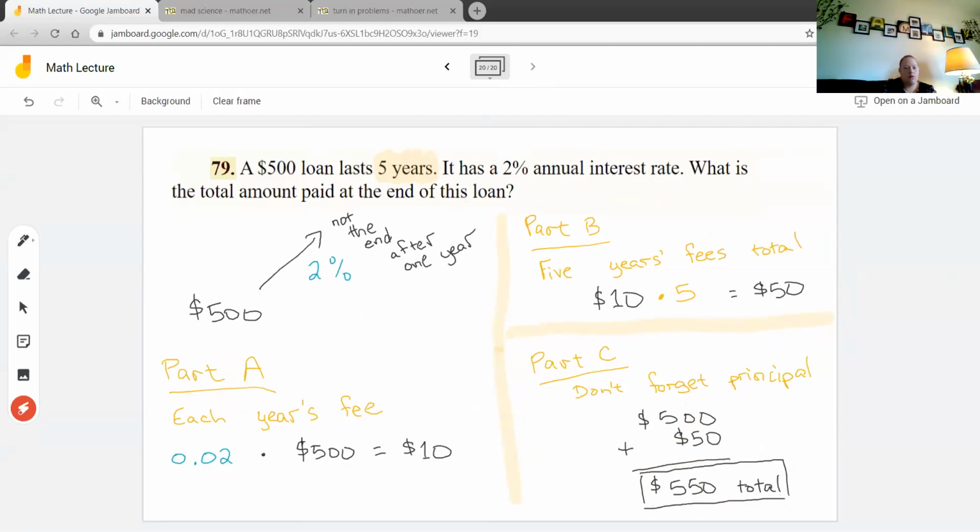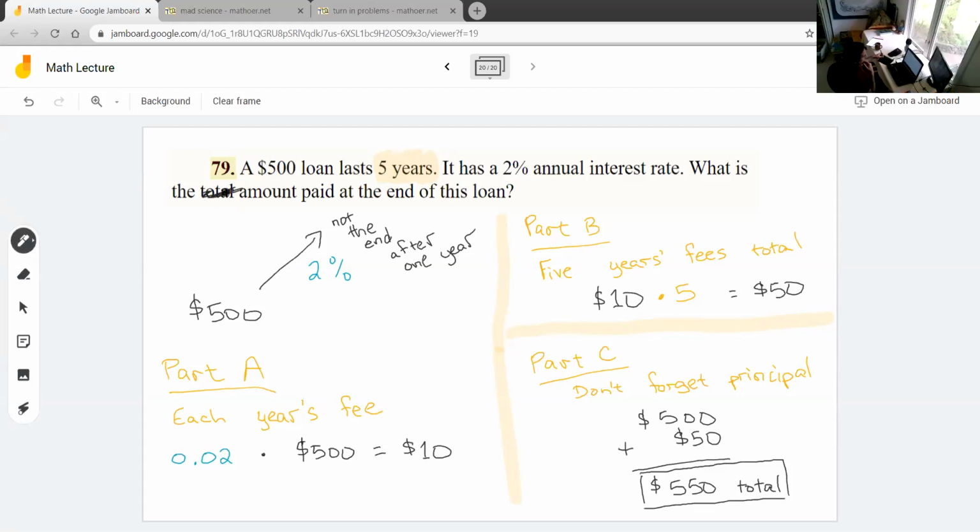I have a quick question. Sure. At the end of it, it says, what is the total amount paid at the end of this loan? But it doesn't say what is the total amount of interest paid at the end of this loan. So wouldn't it be like a 550? It could say, instead of total amount, just what is the interest?